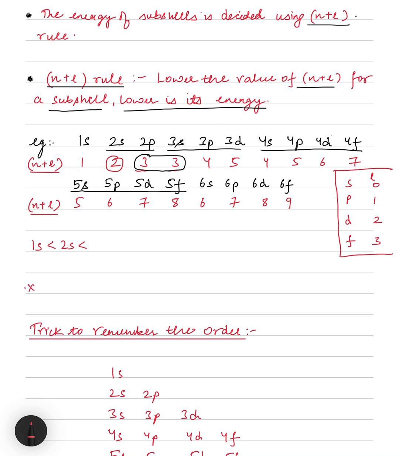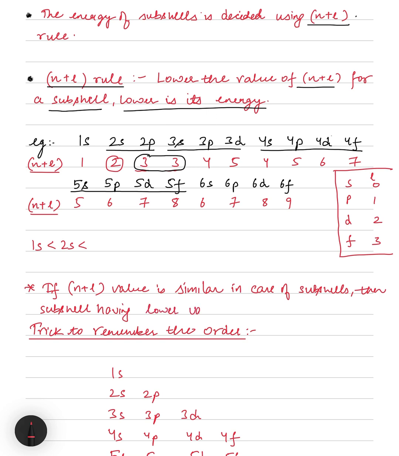We can easily write that if the n plus L value is similar in the case of two subshells, then the subshell having the lower value of n has less energy.